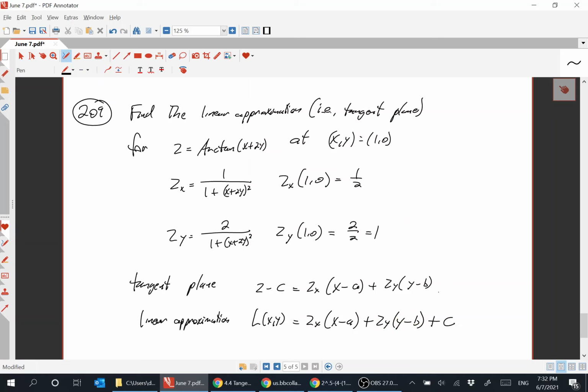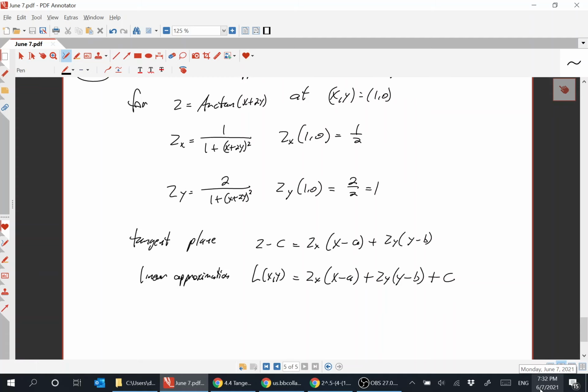So you just move that c over there. That's just a nitpicky difference. This is presenting the tangent plane as just a plane with x, y, and z. This is presenting the tangent plane as a function in terms of x and y. The difference here is essentially nothing. You say tomato, I say tomato kind of thing.